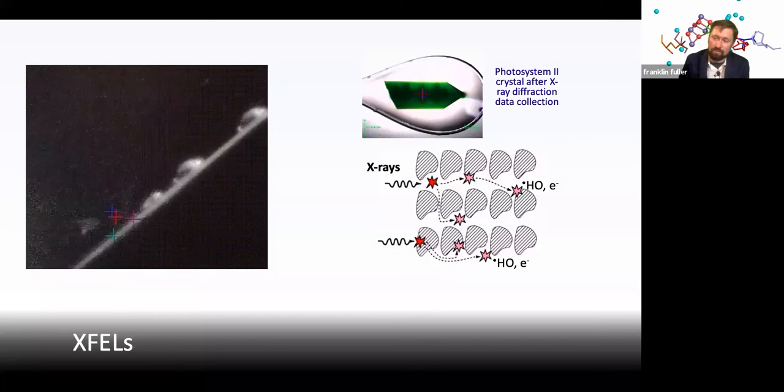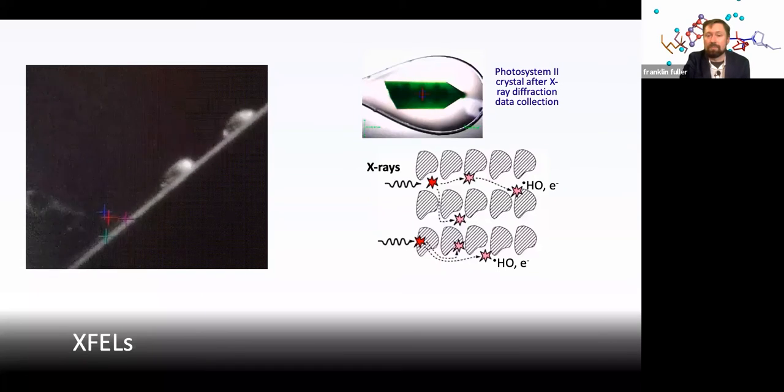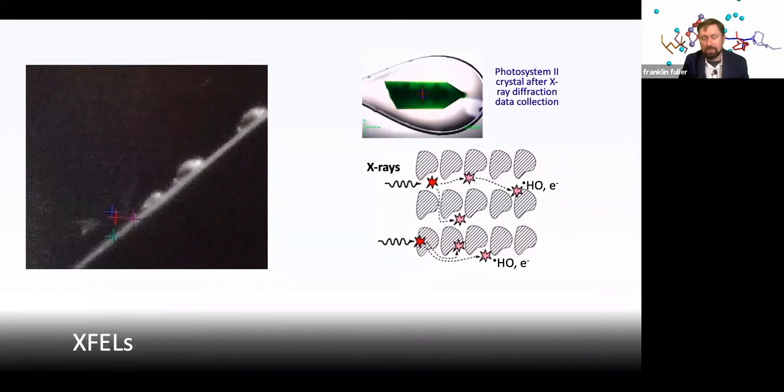So you know, of course, that radiation is bad for you. X-ray radiation is especially bad for you, and it's going to destroy whatever you're looking at if you hit it with too much radiation. But we want to hit it with a lot of radiation because we need a lot of signal to noise to be able to resolve these small changes.